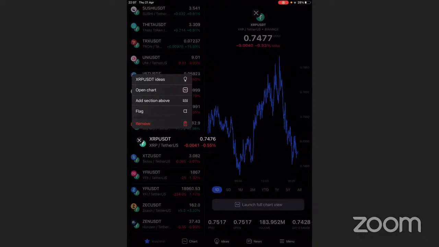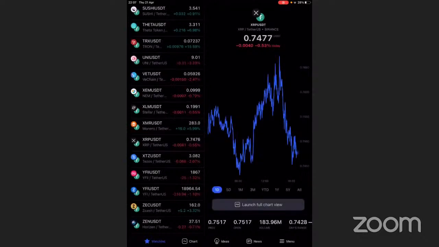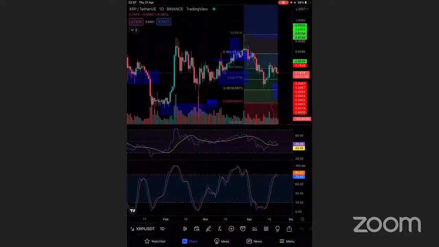If you click there on the ideas, there are seasoned traders in the TradingView app who will give you ideas about what they think is happening with XRP, and they will even give you the entry zones, the time when you can enter, all those things. So there's so much information that we have. When I click there, I go to load the full chart to see the full chart.